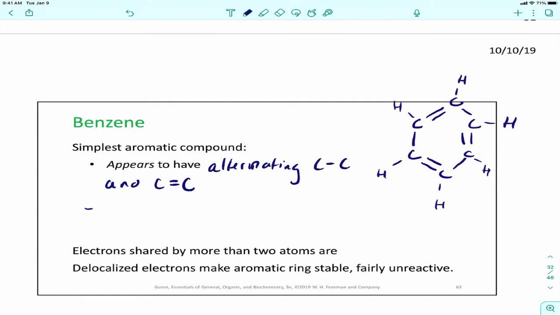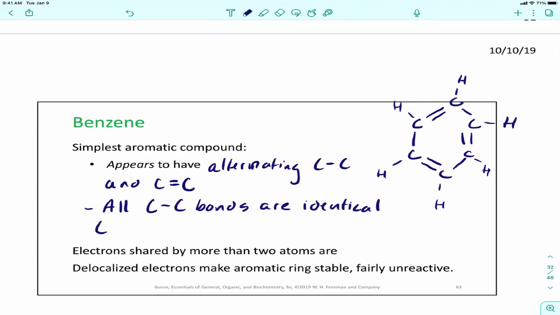Now, it turns out, looking at the structure, even though you have alternating single and double bonds in this Lewis structure, all carbon-carbon bonds are identical. So actually, it's an average of the two.